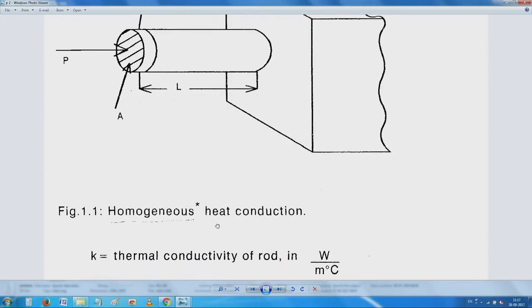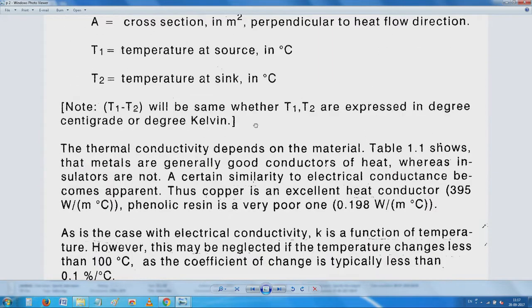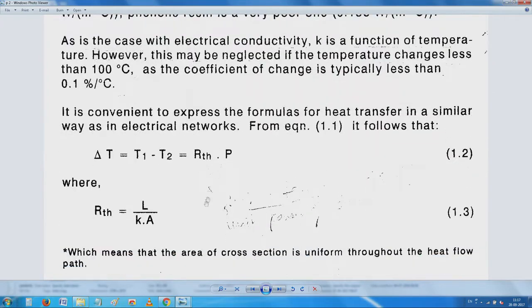You have seen this homogeneous heat conduction. There is a star there, I will read the star about it later. It generally says that the star refers to area of cross section being uniform throughout the heat flow. You understand, no? Area of cross section is very critical.